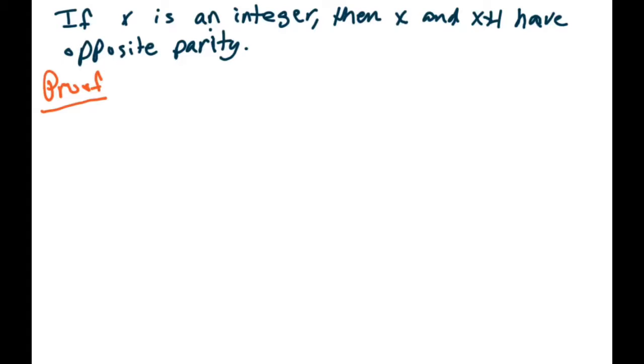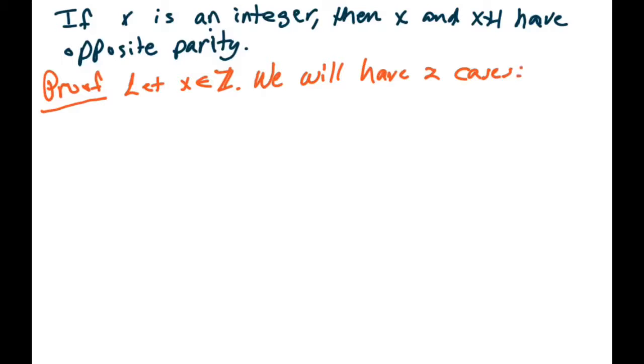So let's say we start off by saying, let x be an integer, or assume, if you want to use that word. And let's just say we will have 2 cases. The first one is x is, let's say, even.